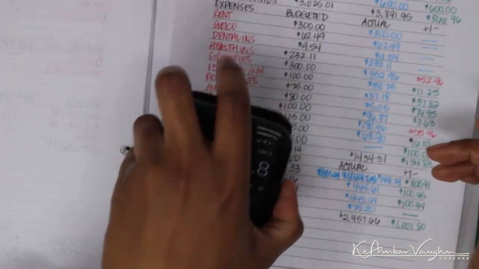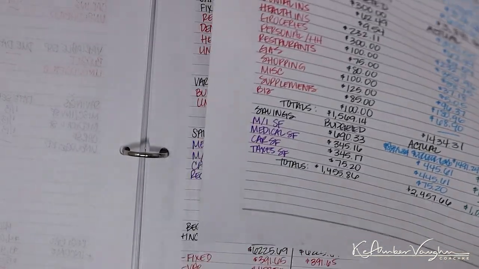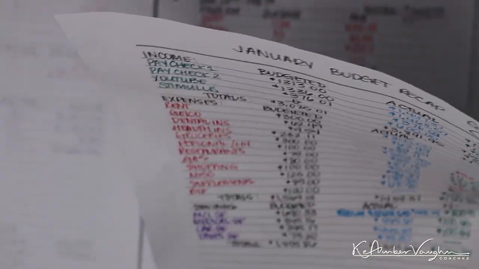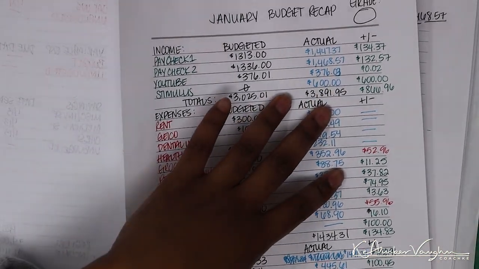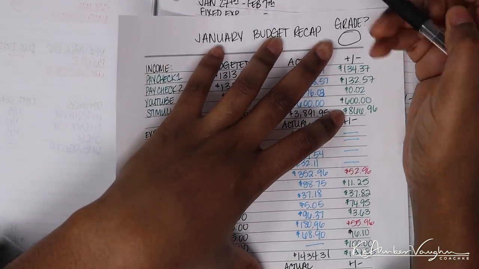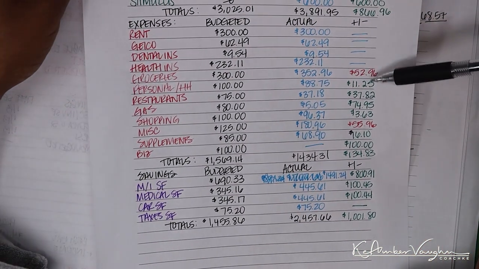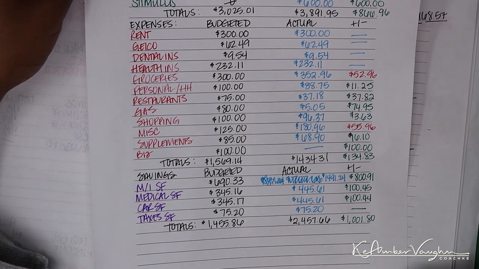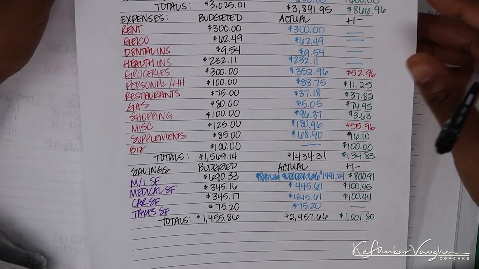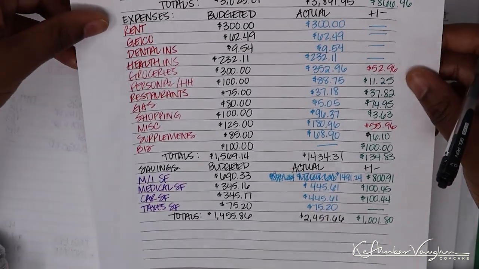So without the $600 stimulus check, I still saved $400 more than what I thought. So if I had to grade myself, I'm actually going to give myself just an A. I can't do an A+ because I did overspend in these two categories, and even though there was good reason, I didn't budget for it, so it is what it is.